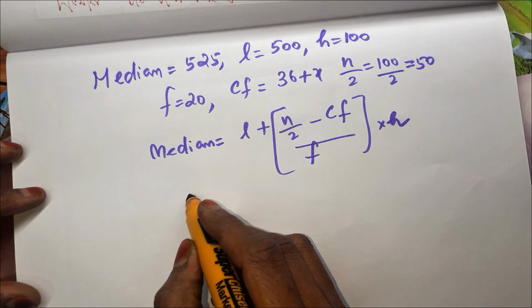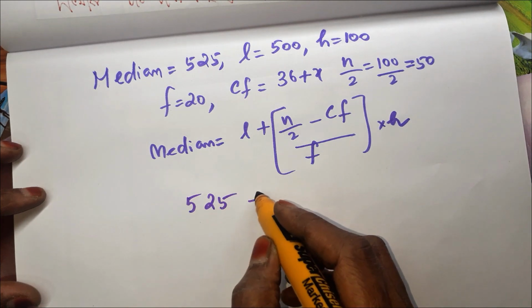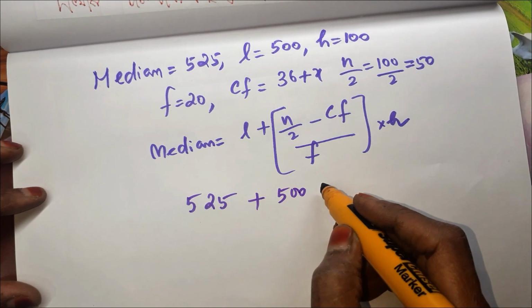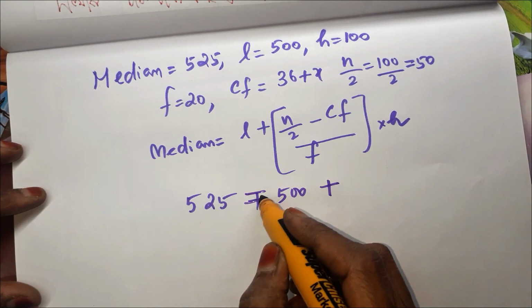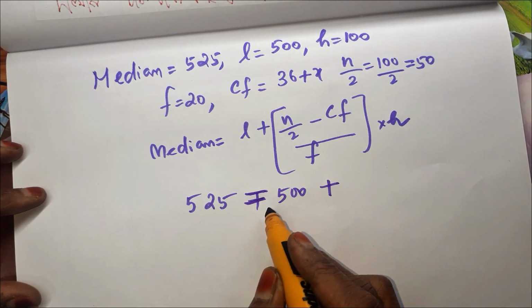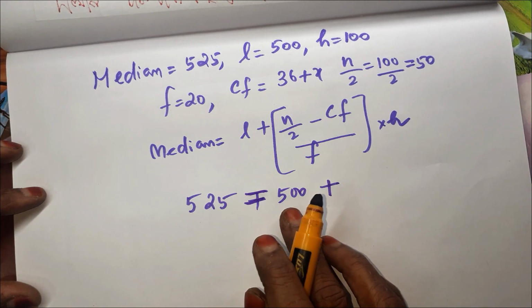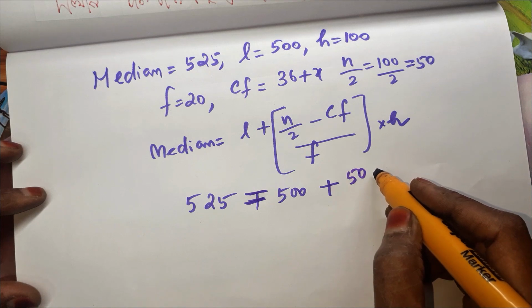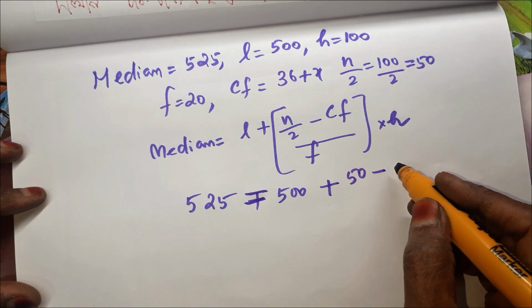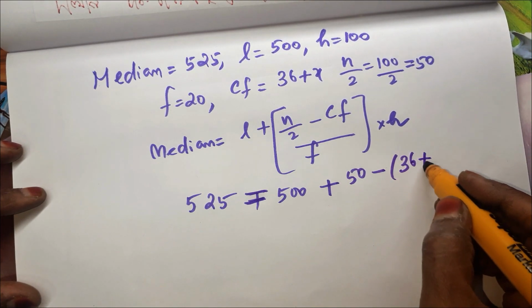So the median given is 525, which is equal to 500 plus n by 2, which is 50, minus CF, which is 36 plus x.